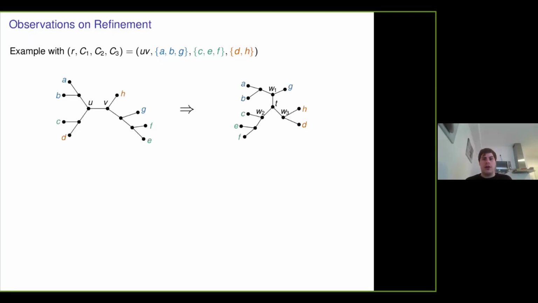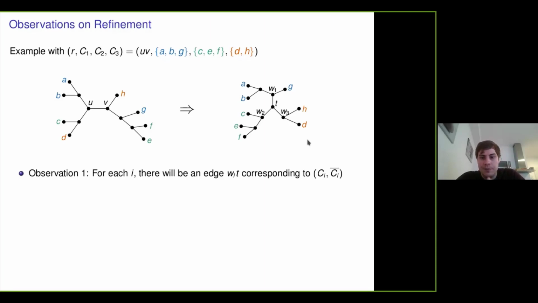Okay, so now let's look more carefully at what happens here. This is the same example still. So first observation: for each i, for Ci among C1, C2, C3, there will be an edge WiT corresponding to the bipartition between Ci and the complement of Ci.